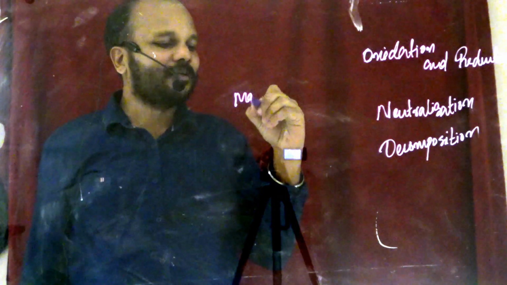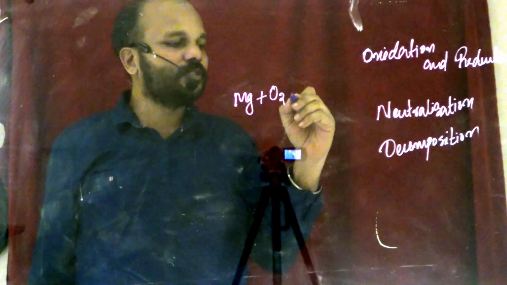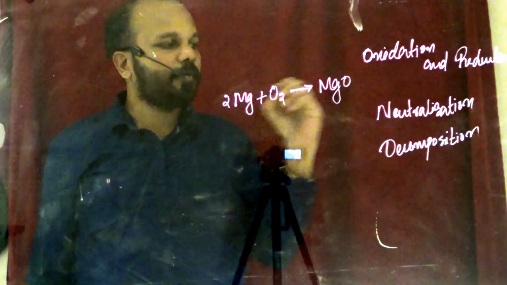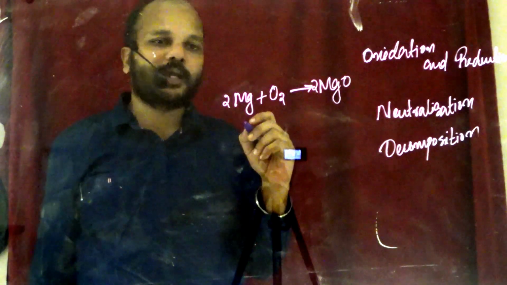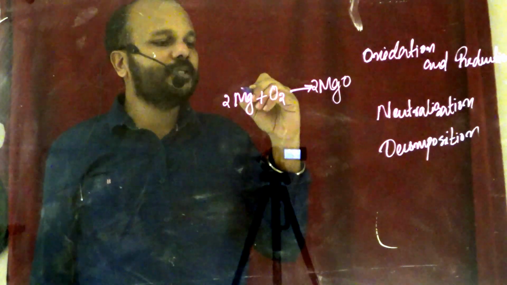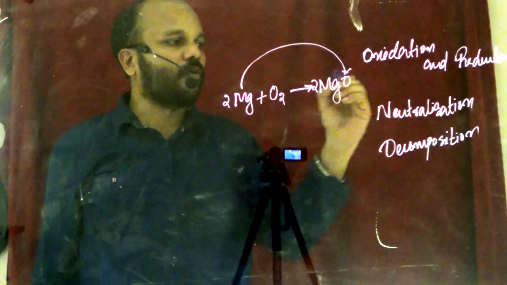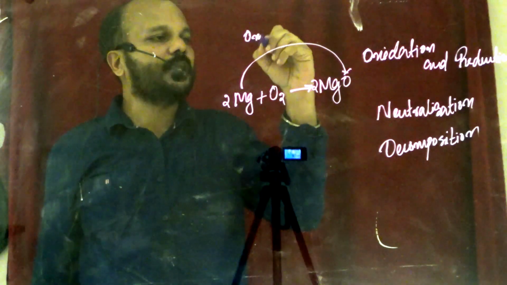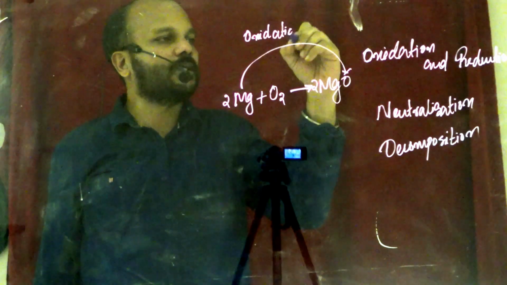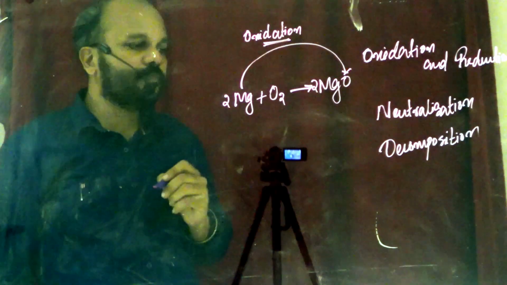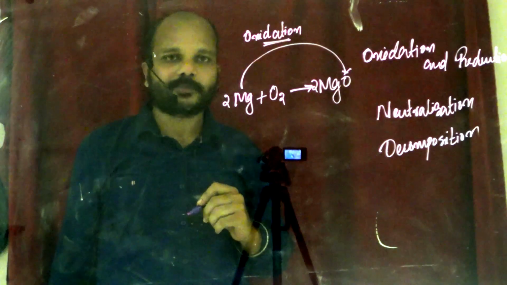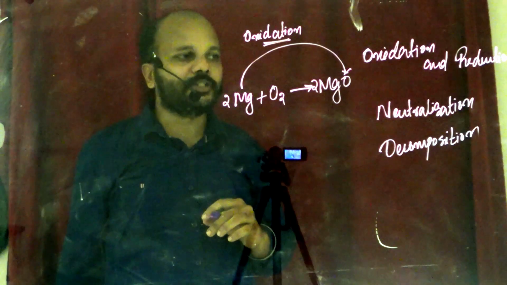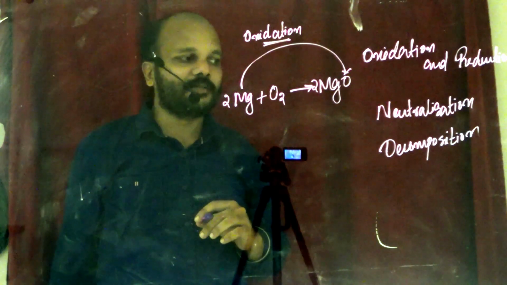The magnesium ribbon reacts with the oxygen and forms magnesium oxide. What has happened to the magnesium is that it has gained oxygen. So oxidation reactions, as the name implies, are the gaining of oxygen. If any metal is gaining oxygen, this is going to be an oxidation reaction, right?